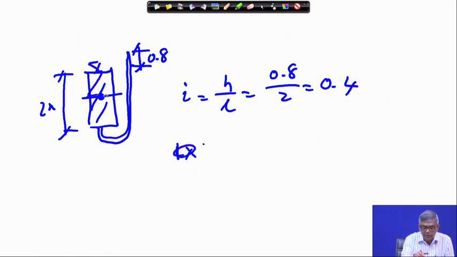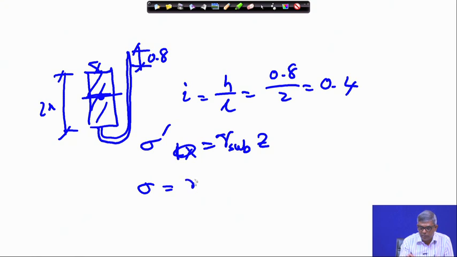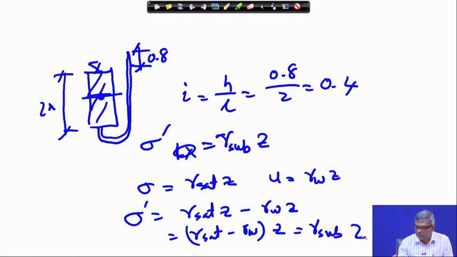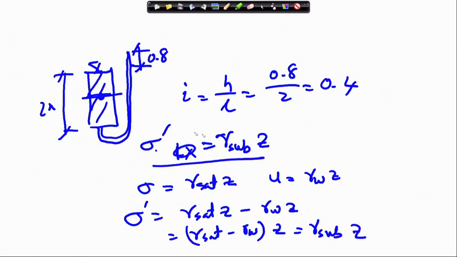So, generally effective stress at the mid height is gamma submerged into Z. This is the way we can do, or we can do sigma equal to gamma sat into Z and u equal to gamma W into Z, and sigma dash equal to gamma sat into Z minus gamma W into Z. So, ultimately gamma sat minus gamma W into Z, which is nothing but gamma submerged into Z. So, which we have shown. So, sigma dash is gamma submerged into Z.